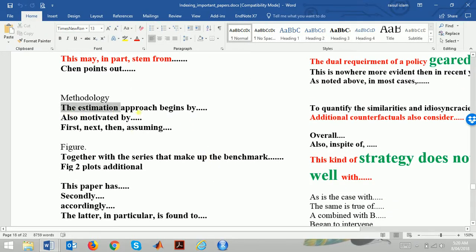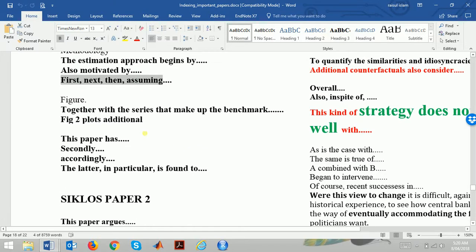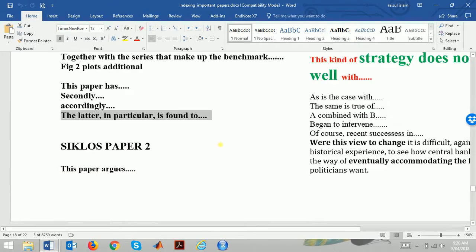The estimation approach begins by, also motivated by, first, next, then, assuming, figure, together with the series that make up the benchmark, figure 2 plots additional. This paper has, secondly, accordingly, the latter in particular is found to, cycles over 2.